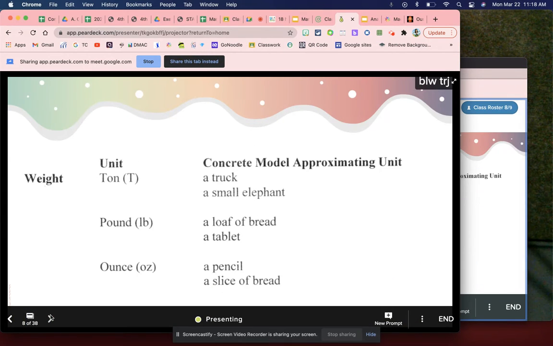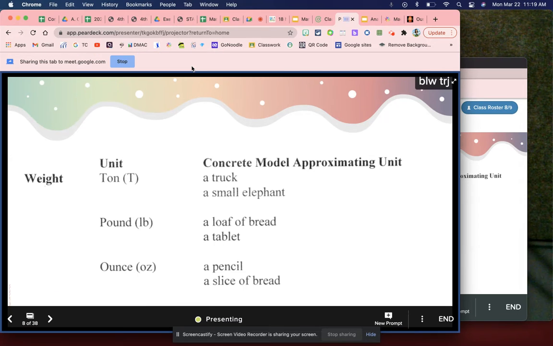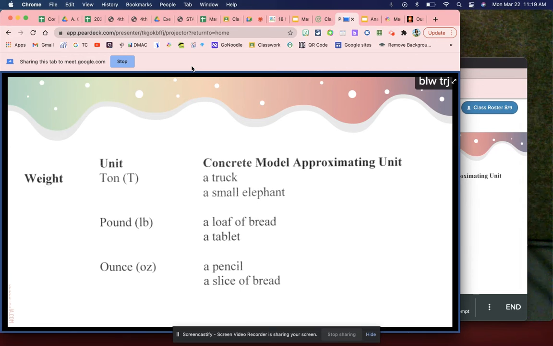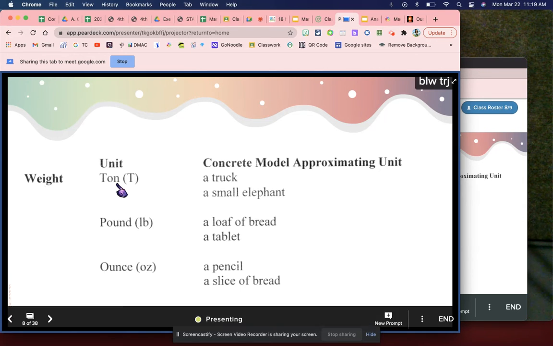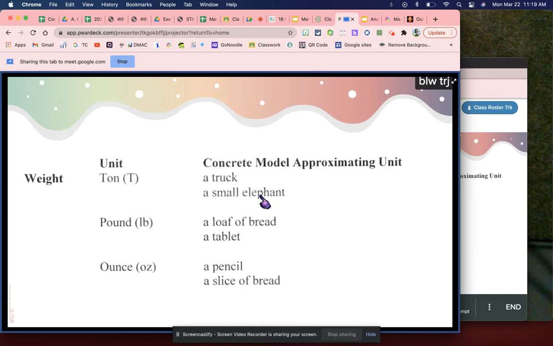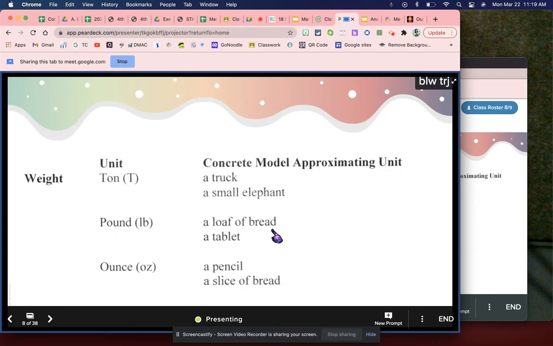So now, when we're talking about the weight, we're using the units tons, pounds, or ounces. What can you think about? A ton, una tonelada, a big truck, or a small elephant. That would be a ton. A pound, 1 loaf of bread, toda la barra de pan.